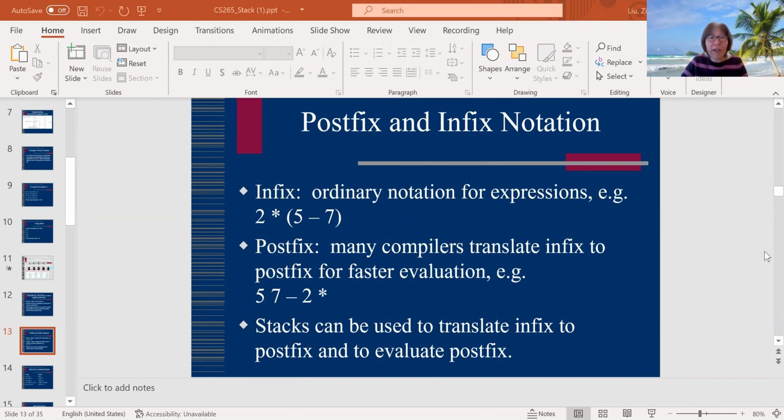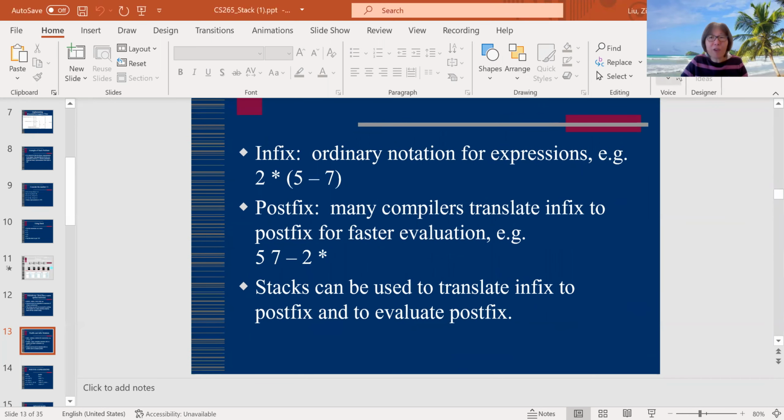Okay, so we understand infix and postfix. Here, let's see more about infix and postfix.